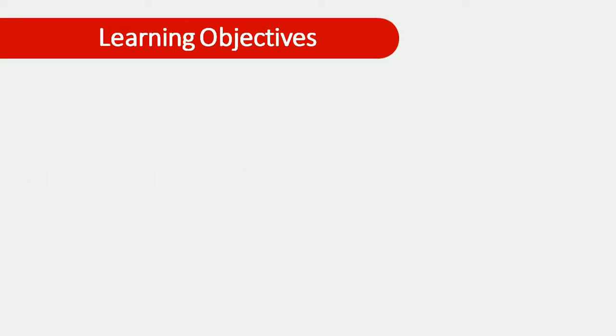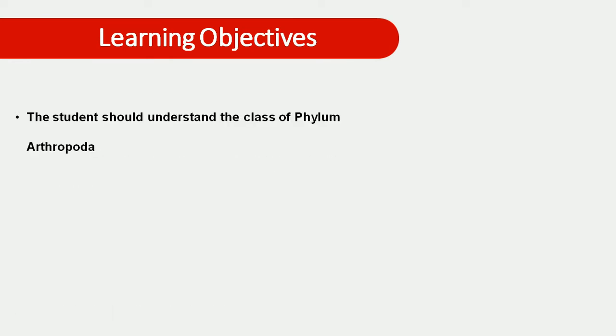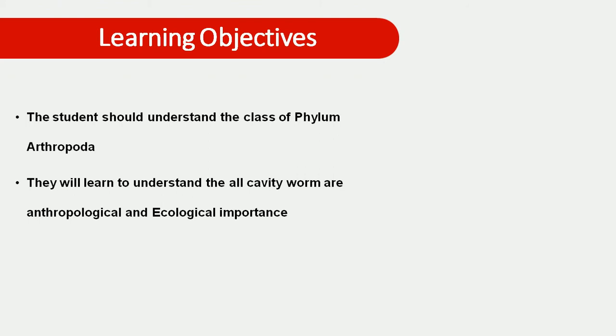After you learn these lectures, you will have very good information, and you should understand the classes of phylum Arthropoda and all this general information. You can go through all these animals. They are important to human society.